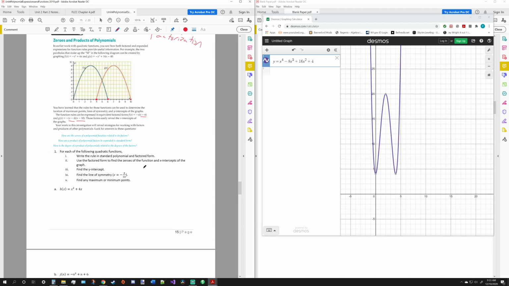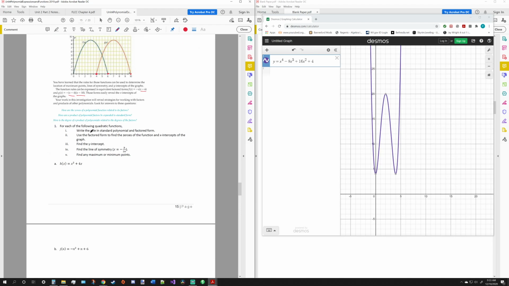So what we're going to do for these is we are going to write them in standard form or factored form. So depending on which form they give us, this one's standard, so we want a factor. And then we're going to use those factors to find the zeros and the x-intercepts, identify the y-intercept. Don't worry about doing this just yet.